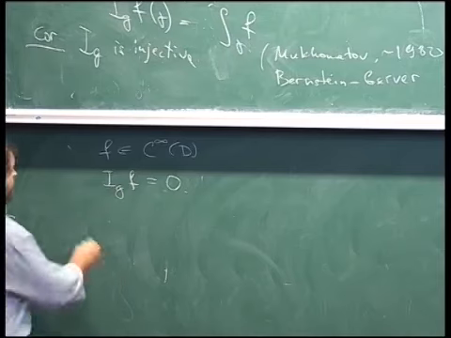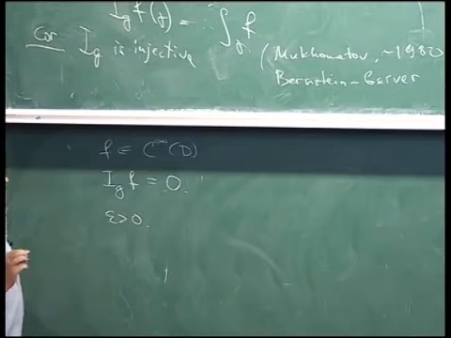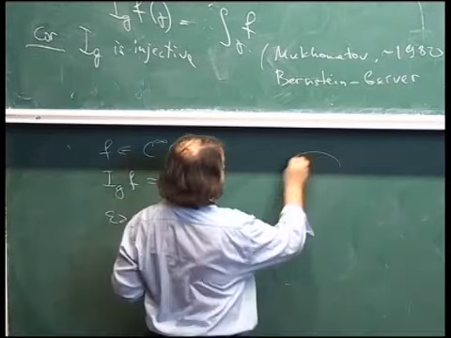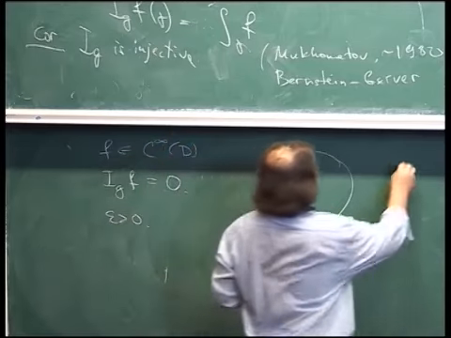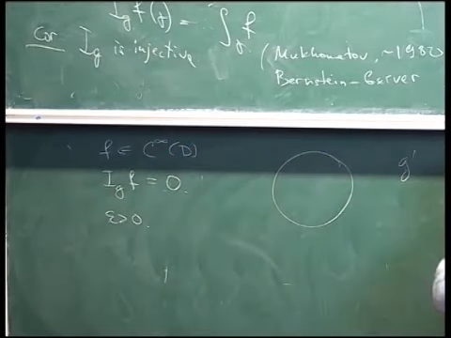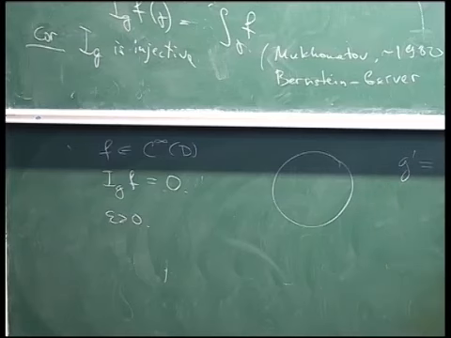Now let me choose a very small epsilon and consider a conformal metric g prime, which is (1 plus epsilon f) squared times g. Squared because g is a quadratic form. So for length you have just 1 plus epsilon f.